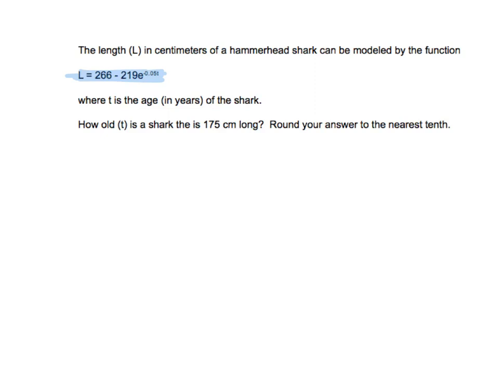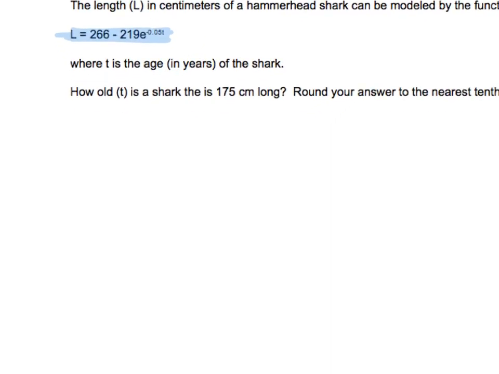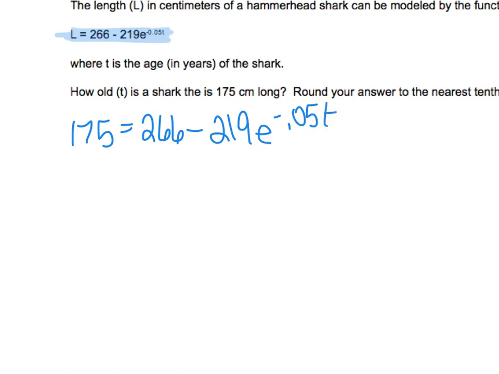Well, they want us to find t, and they give us L. So L is 175, so we'd have 175 equals 266 minus 219 e to the negative 0.05 t. If we want to solve for t, the first thing we need to do is get e all by itself. So we need to get this part all by itself.